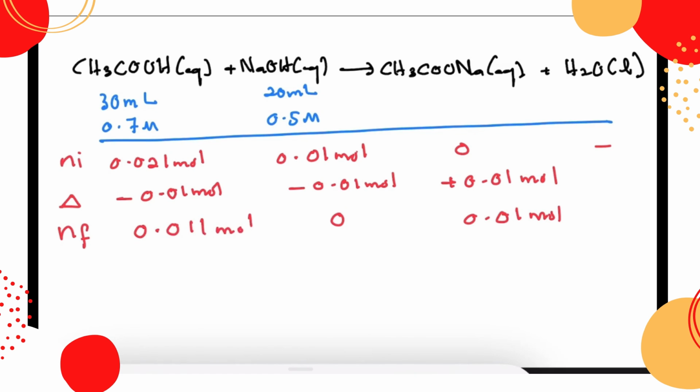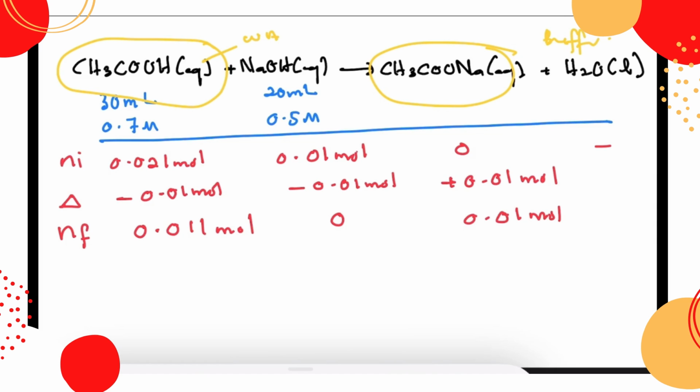0.011 mole. So now our final product is an acetic acid. Since the acetic acid is a weak acid, we need to consider its salt. So it exists together as a buffer. If the final product is a strong base or strong acid, we don't have to consider its salt.